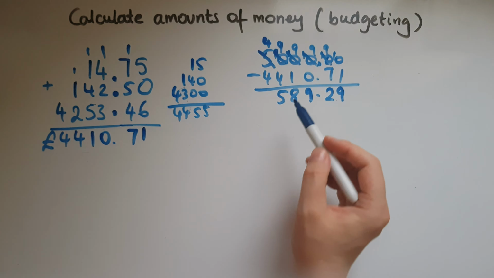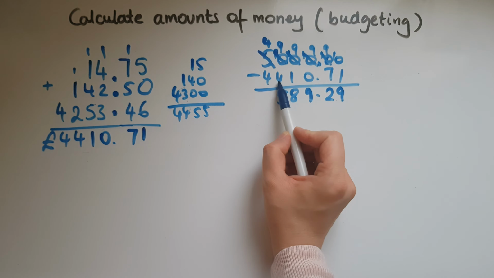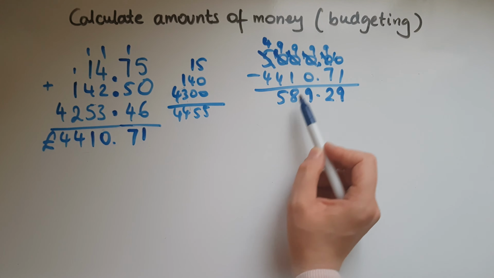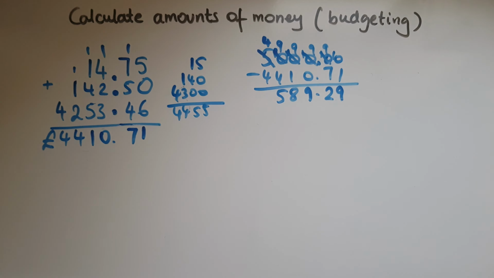Again, if I round this down to 4,400, I'll need about £600 to get to 5,000, and this is roughly £600. Now I want to find out whether I can purchase some more items.